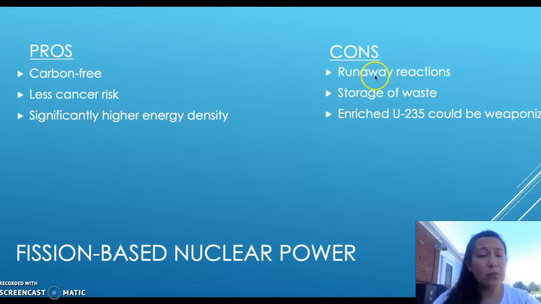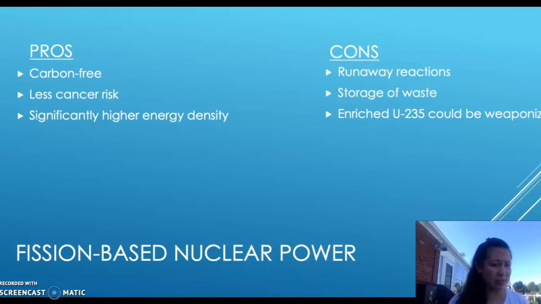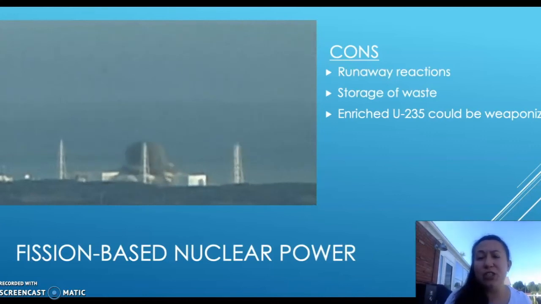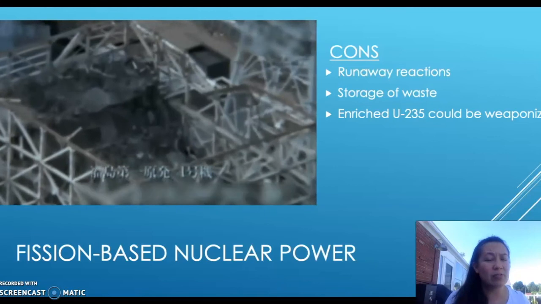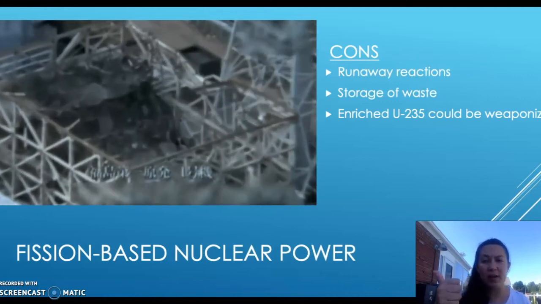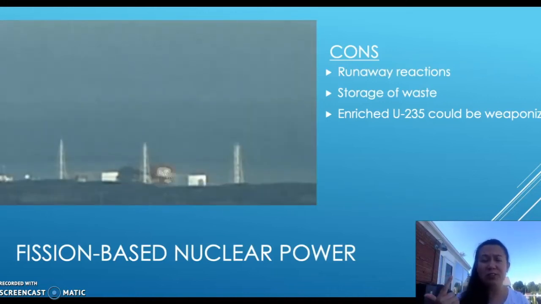To be fair here, for runaway reactions, an important thing to note is those are very, very rare and require very extreme circumstances. In the case of this picture right here, this is from the Fukushima Daiichi plant in 2010, and that only had a runaway reaction because a series of really extreme events occurred. First, an enormous earthquake, followed by a 50-foot tsunami.